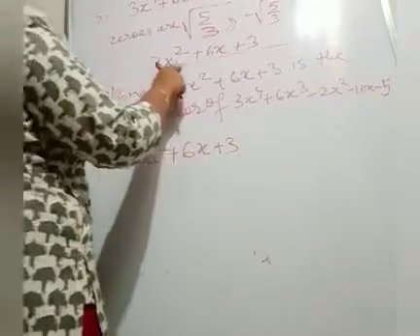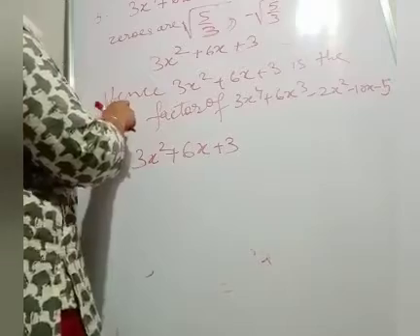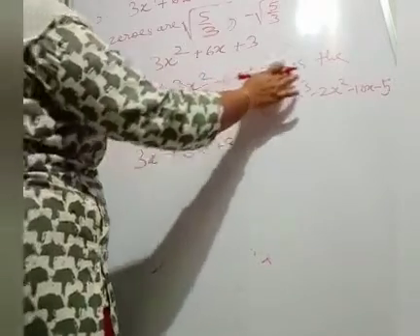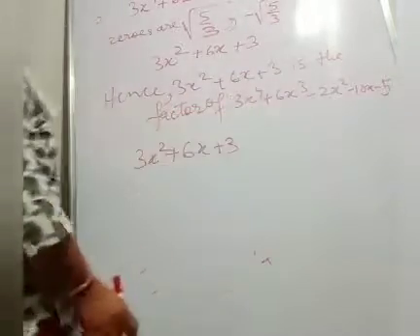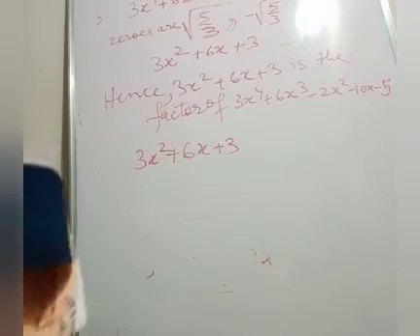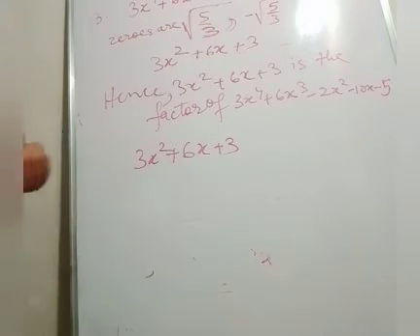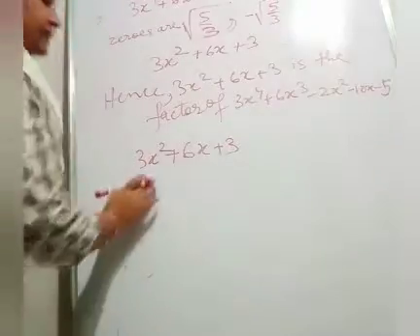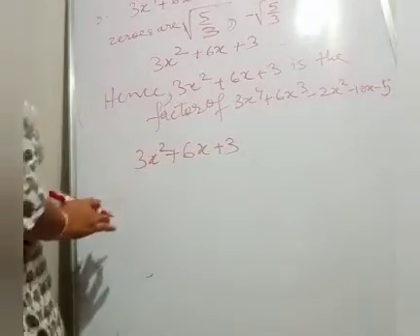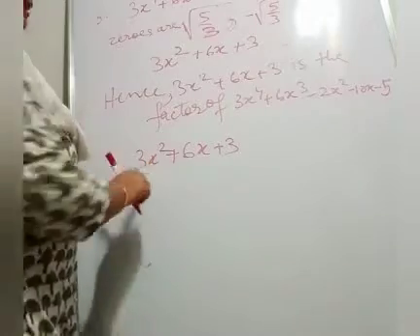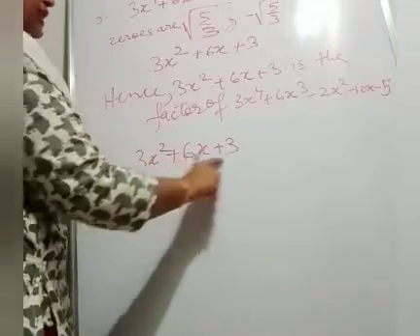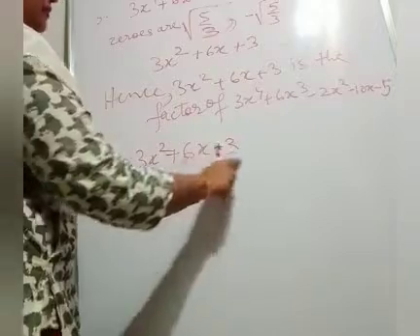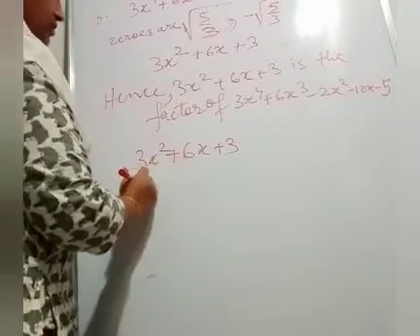Hence 3x square plus 6x plus 3 is a factor of 3x4 plus 6x cube minus 2x square minus 10x minus 5. Now to find the other zeros, we have to split this factor 3x square plus 6x plus 3, that is, split this polynomial into its factors. So let's start.